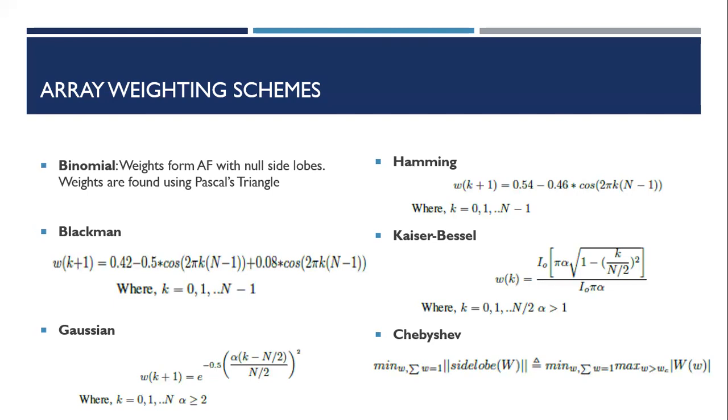Next, we have the Blackman given by the following expression with the wave number given by K. Then we have the Gaussian, which is due to the considered Gaussian distribution of the users, again with the wave number K. Then we have the Hamming weights given by the following expression with some constant and the wave number, then the Kaiser-Bessel expression, and finally the Chebyshev expression.